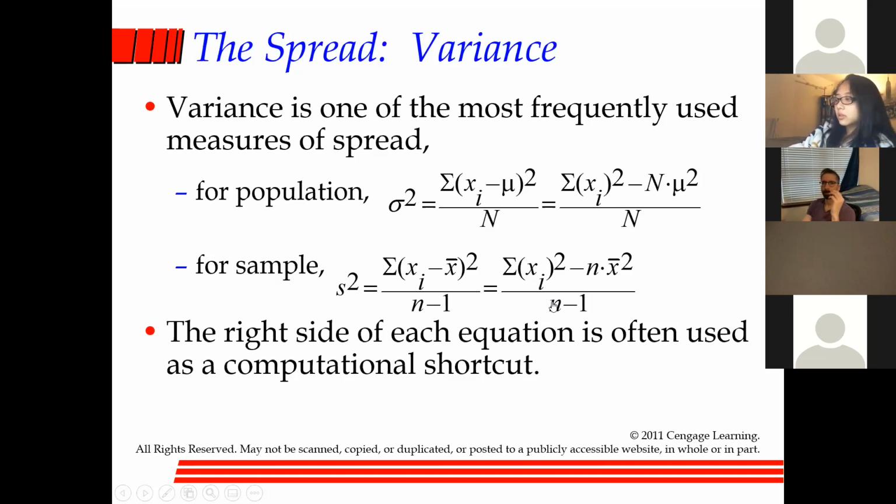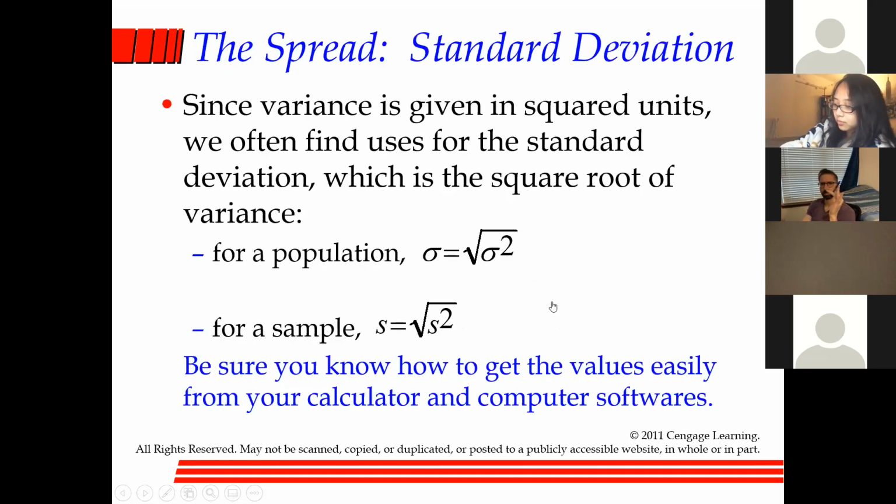And that's why the variance is not the end-all of the measure of spread, because the units of measurement get squared, and we have to take the square root of that number so that the units of measurement return back to the original units. And that's what we call the standard deviation. That's why we do the standard deviation.